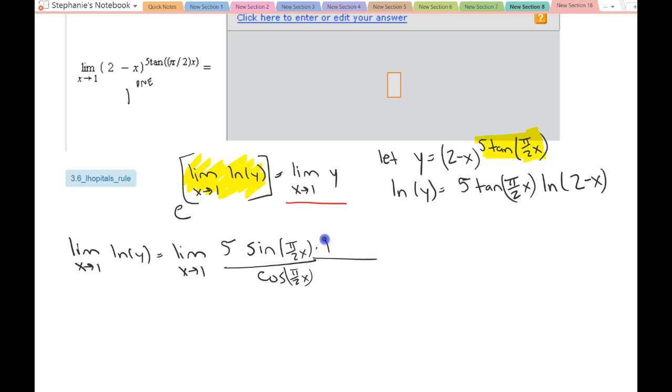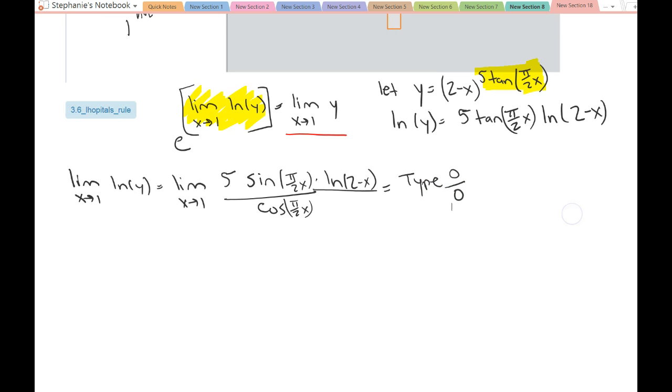And then I also have ln of 2 minus x. If I plug in x goes to 1, sine of pi over 2 will go to 1. Ln of 1 goes to 0, and cosine of pi over 2 goes to 0. So this is actually type 0 over 0.